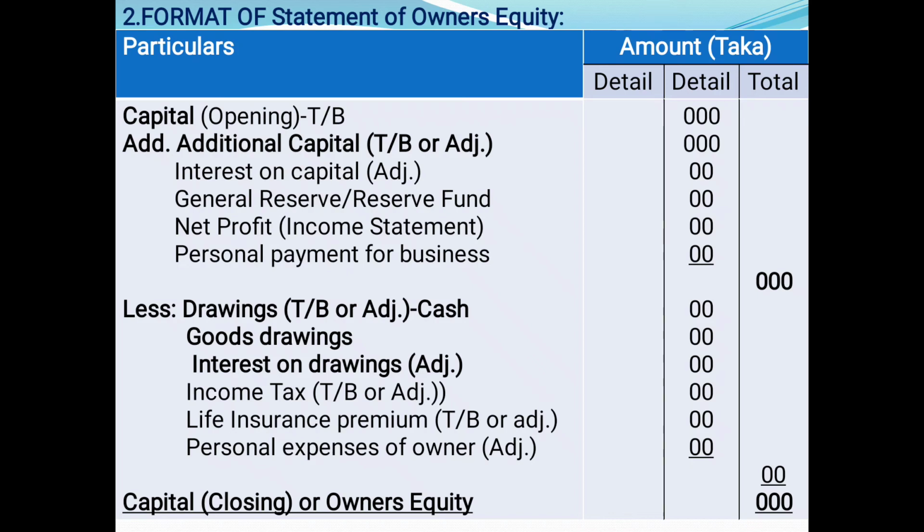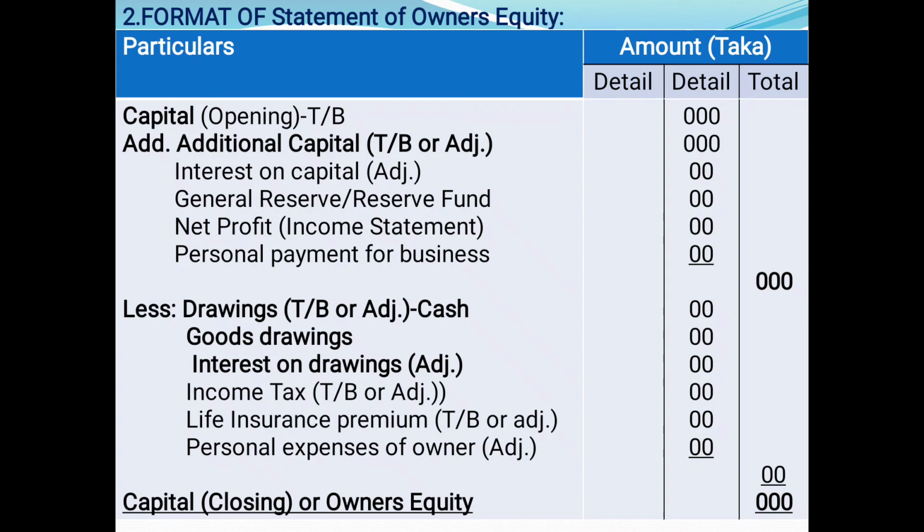And the total of adding items, then items that can be deducted. First item is drawings, from trial balance or adjustment, cash drawings and goods drawings, to be deducted from the total capital. And then interest on drawings, if it is in adjustment, will be deducted from the total capital. Income tax from trial balance or adjustment.